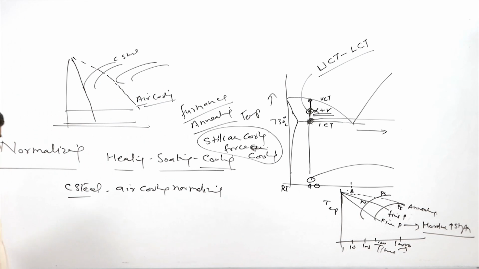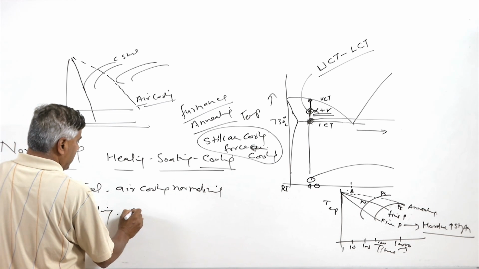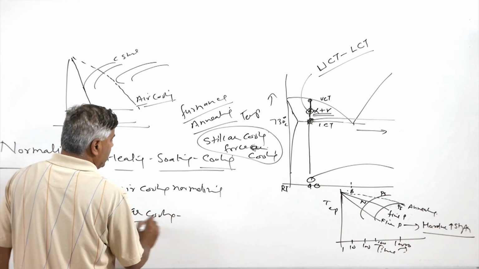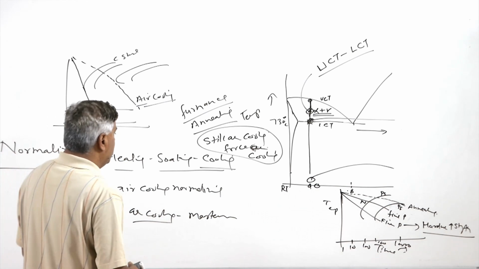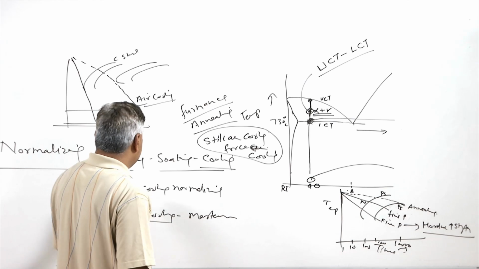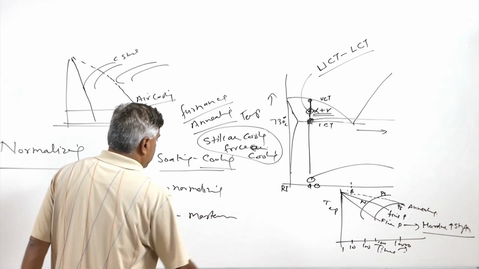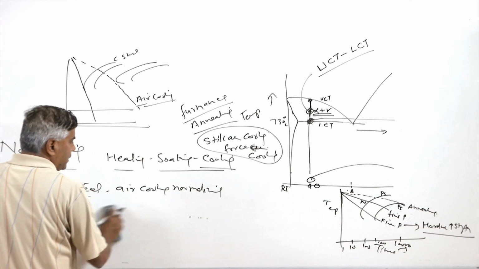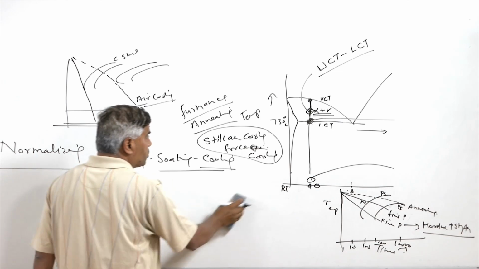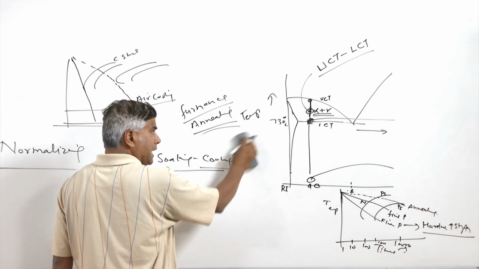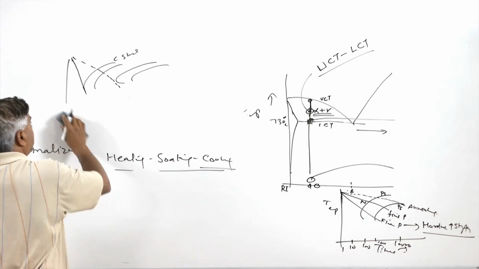And so for the alloy steels, even air cooling may lead to the martensitic transformation, or air hardening can occur. In this kind of situation we need to control the cooling rate appropriately, so that we go for normalizing only under the condition of cooling by air. So air cooling may not always lead to the normalizing, it can cause air hardening, especially in case of the alloy steels having the higher hardenability.